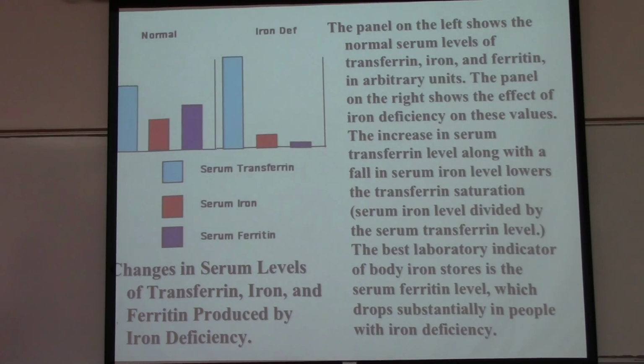Can anybody give me another example of when the body sends out more transporters because there's missing passengers? Say again? Insulin. I'll have to think about that one. Pancreas. I understand what you're saying. The tissues aren't getting sugar, and so the pancreas kicks out more insulin when the problem is the cell wall.